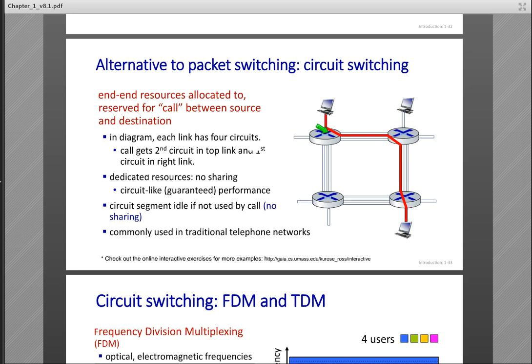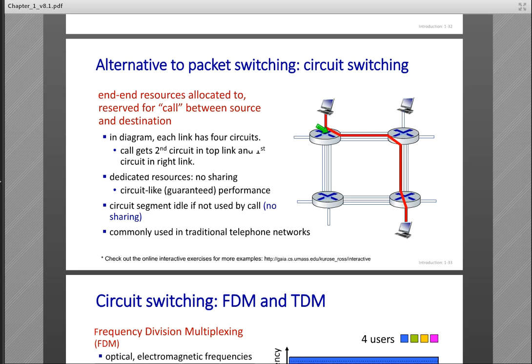It means that it remains for myself. I can use it or not use it, it's not important. I should pay for that circuit, even if I use it or not.